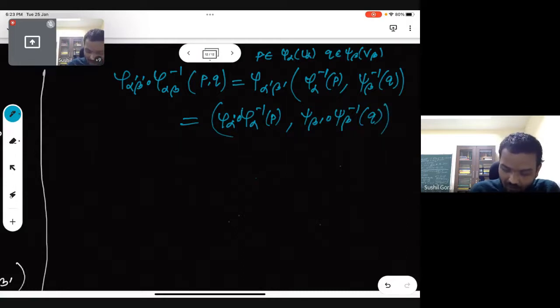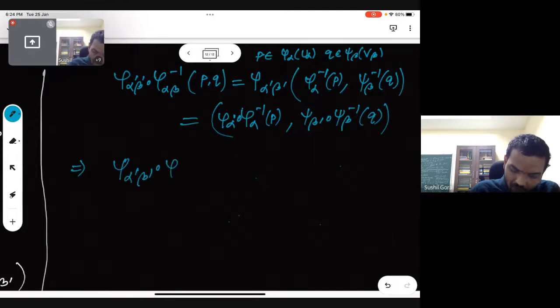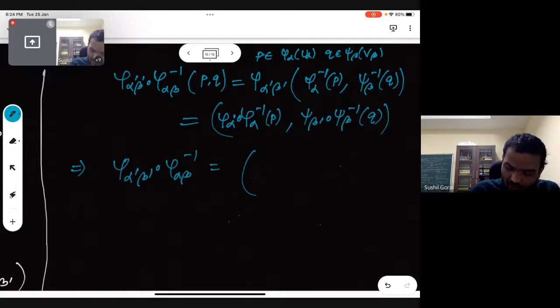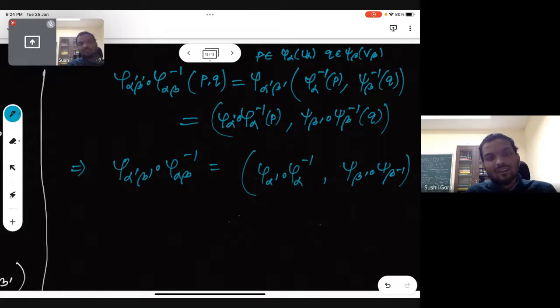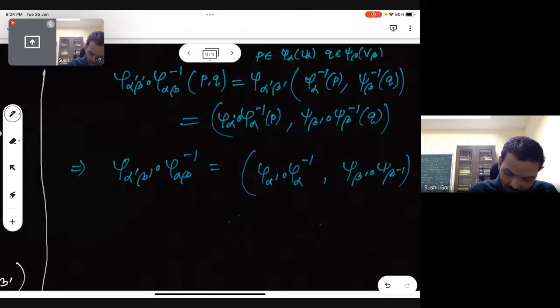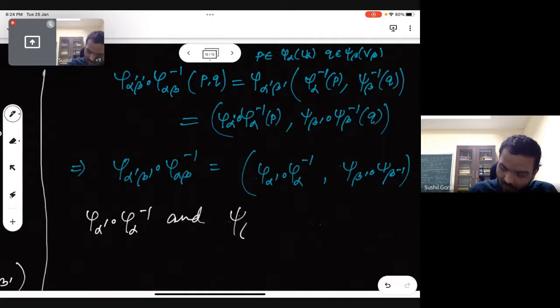Now we see this component. So what do we get? We get psi alpha prime beta prime compose psi alpha beta inverse is nothing but phi alpha prime compose phi alpha inverse, comma, psi beta prime compose psi beta inverse. Now each of the components is smooth, right? So phi alpha prime compose phi alpha inverse and psi beta prime compose psi beta inverse. Yeah, we need to go to smoothness.